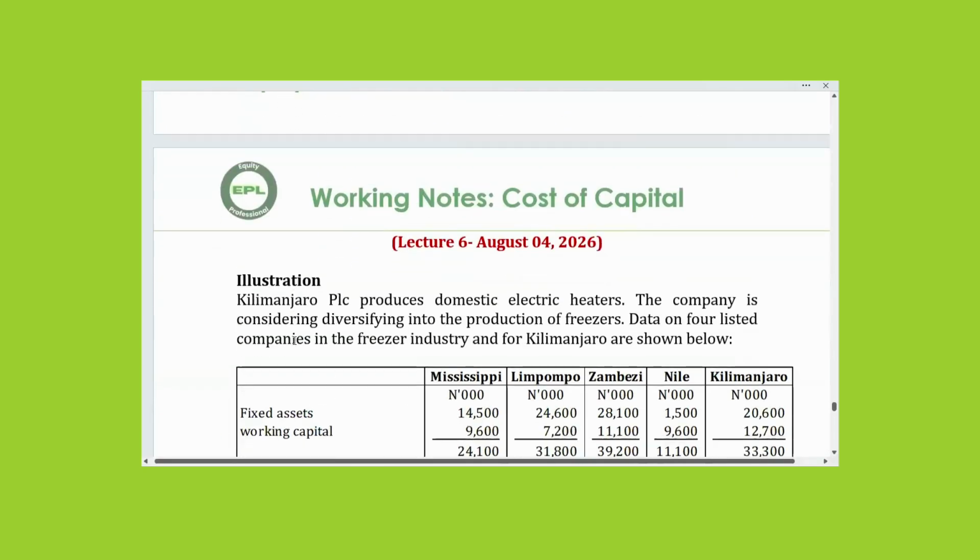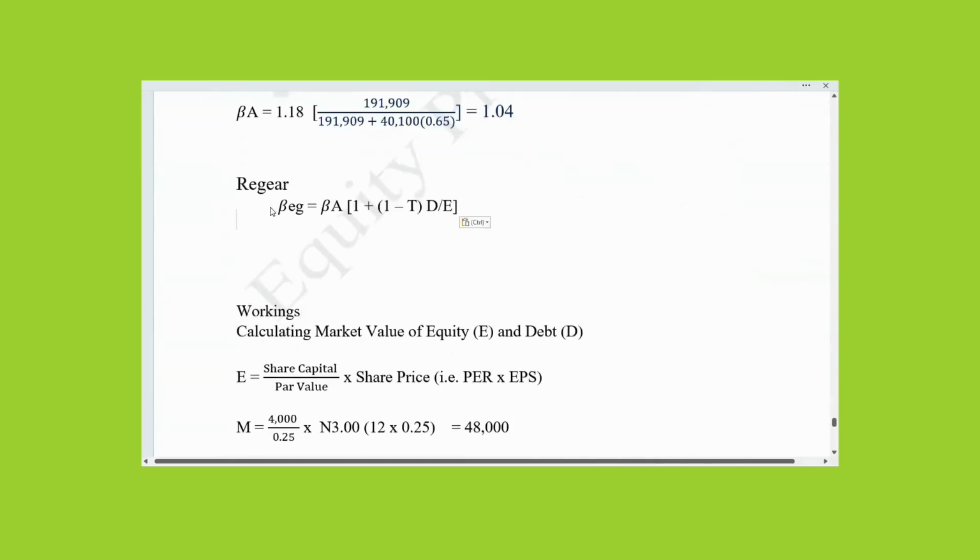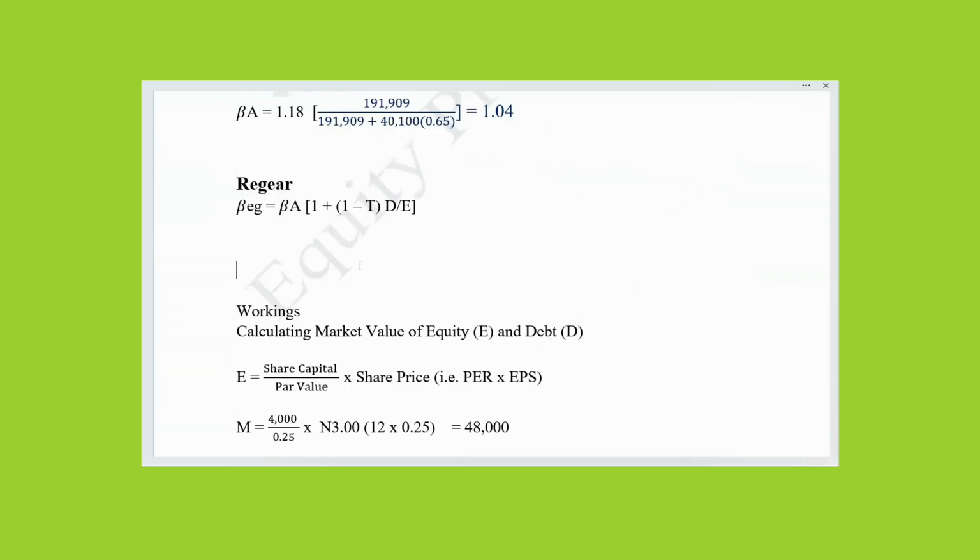Let me just copy this formula. The beta equity of a geared company is computed as beta assets, which we calculated in step 2, multiplied by 1 plus (1 minus the tax rate of the main company) multiplied by the debt equity proportion of the main company. This is step number 3.